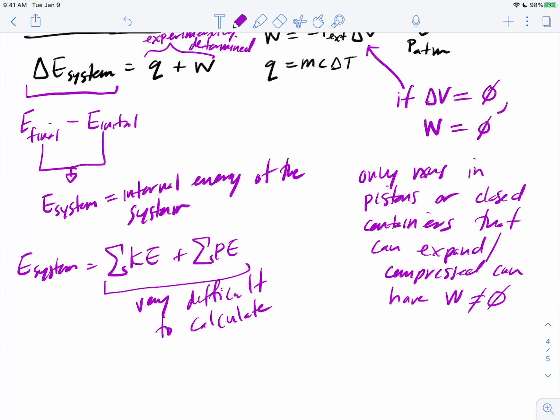And so just having E is not a very useful term because we can't actually estimate or calculate it. So we need delta E, because we can measure changes in this internal energy, but we can't actually measure or calculate the internal energy either initially or finally.